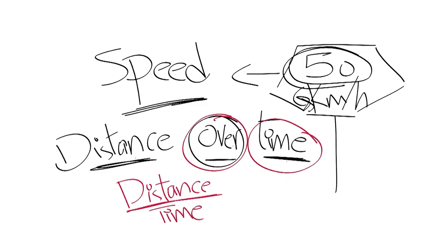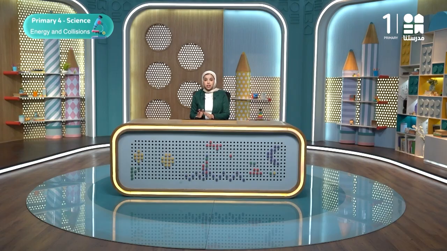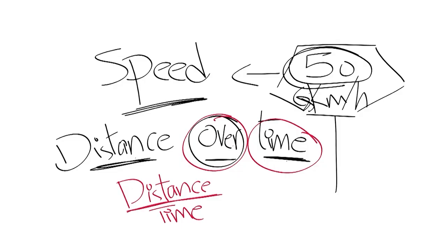So, to measure the speed of any object, you have to follow the definition to get the rule. Now we are going to a math part, but it's really easy, don't worry. Distance over time means distance divided by the time.